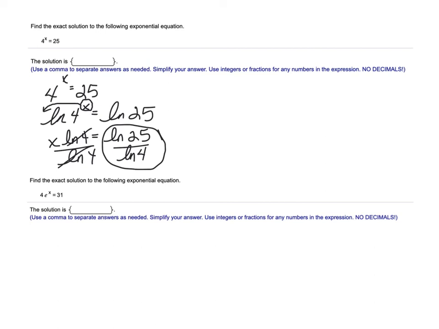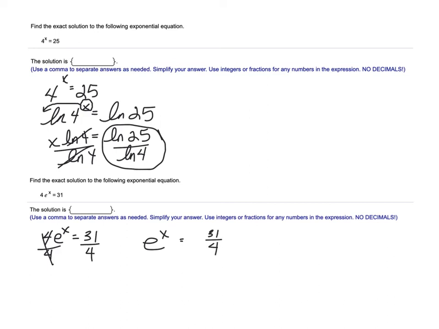All right, and finally, we have another exponential equation. We want to take the natural log of both sides, but before we do it, let's divide out that 4 on both sides, because we want to get e to the x by itself. So we have e to the x equals 31/4.